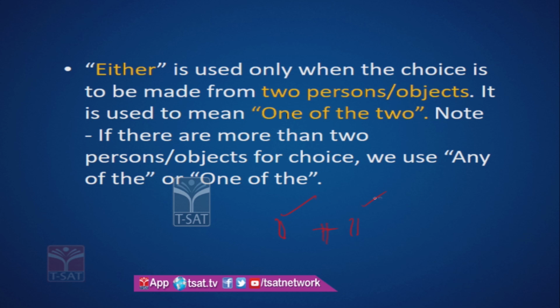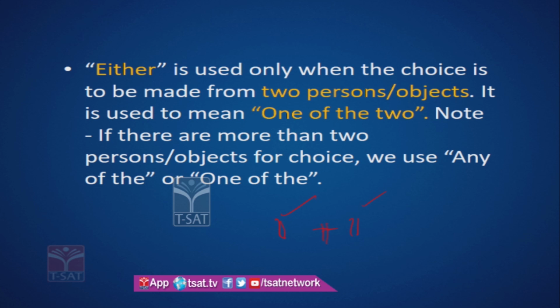It is used to mean one of the two. Either of the girls can join me. Either of you can do this work. That means out of two, anyone can do it.